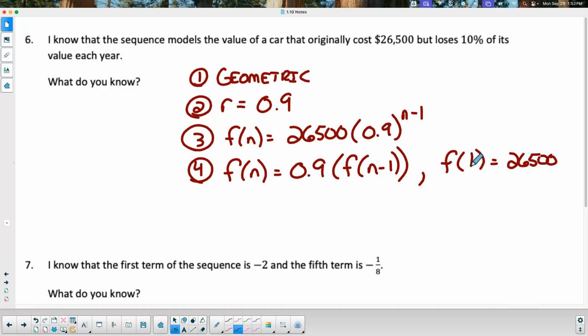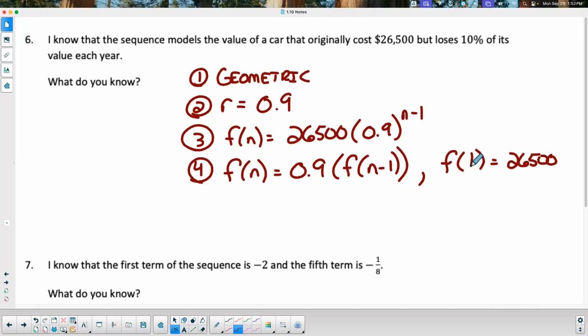And? What's the only other thing that we know? We only know one more thing. We know that f of 1 is -2. And the only other thing that we know is F of 5 is -1/8.